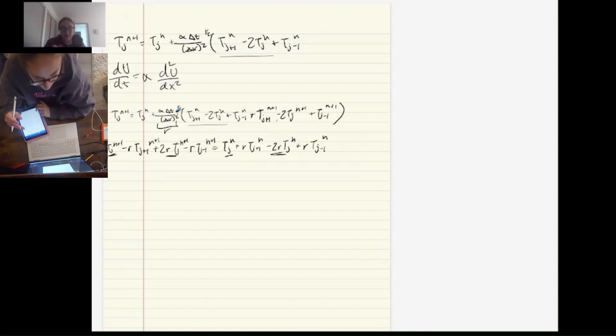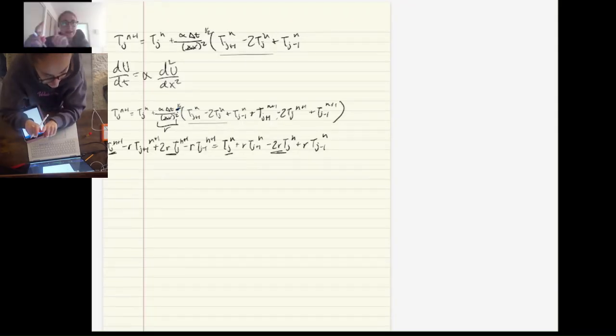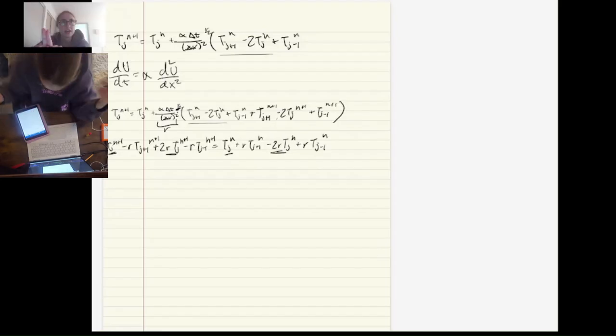I'm going to put Tj minus 1 first, because I want to have these in order from smallest to biggest. It's going to help us when we do the matrix multiplication, at least for me to keep track of where we are. So I'm going to switch this around a little bit.